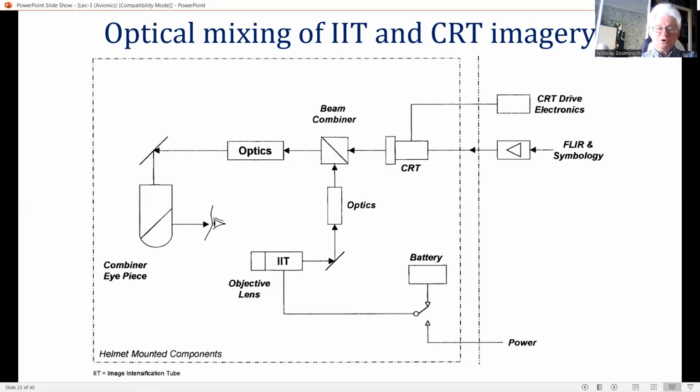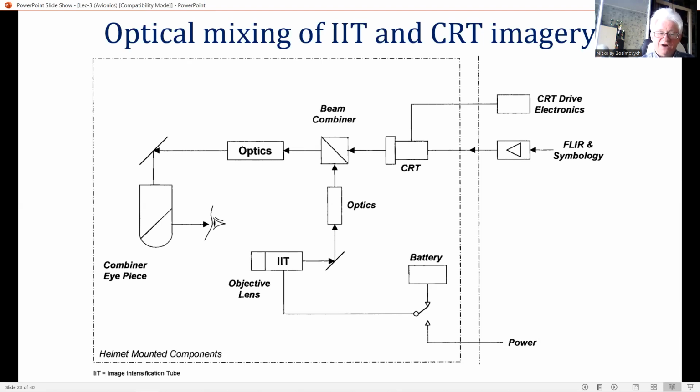NVGs can be incorporated into an HMD and optically combined with the CRT display so that the clear video display overlays the image intensifier display on an accurate one-to-one basis, enabling the two systems to be combined in a complementary manner. And this figure illustrates the basic optical mixing of IIT and CRT imagery.